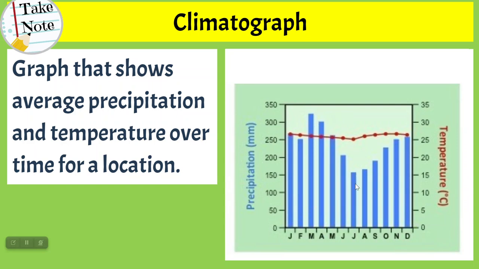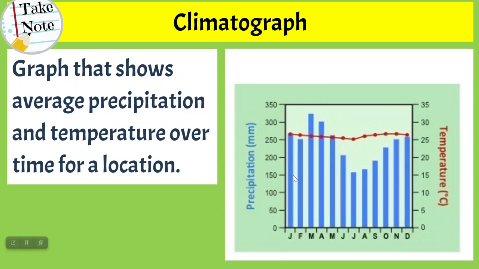I had less precipitation in July. On the right side, you can see we actually have this red title that says temperature. This is degrees Celsius. And these are lines in red. These are telling you the average temperatures for the month.